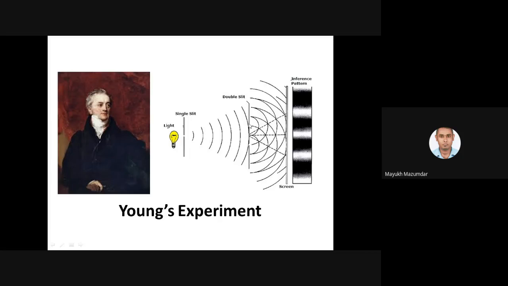What will happen? Again, from here sources will be occurring. One source is created from slit 1, another is created at slit 2, and they are giving out disturbances. They will interfere, and you can see on the screen somewhere you will get bright, somewhere you will get dark.